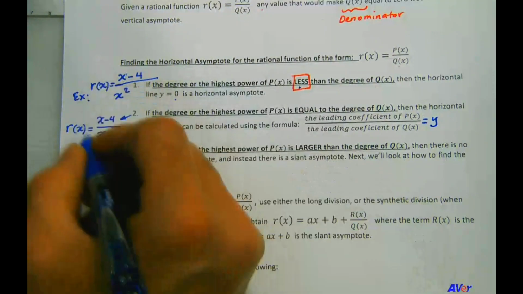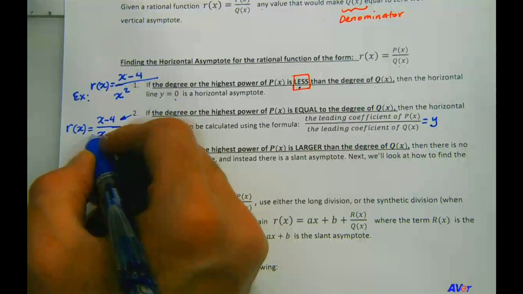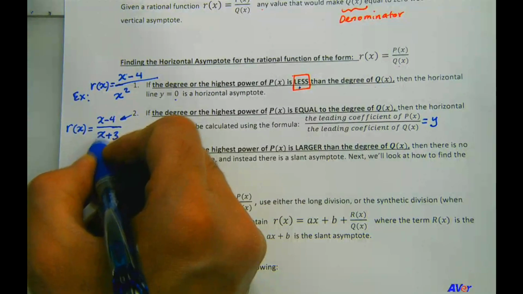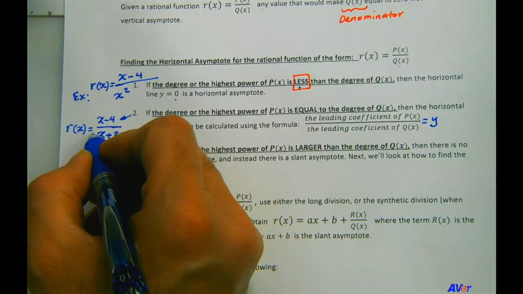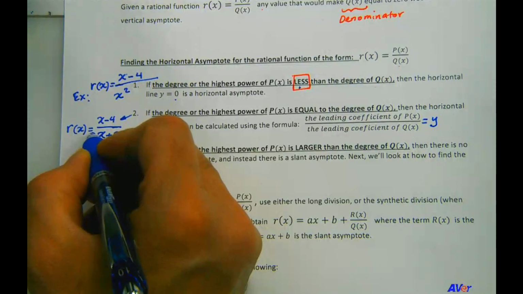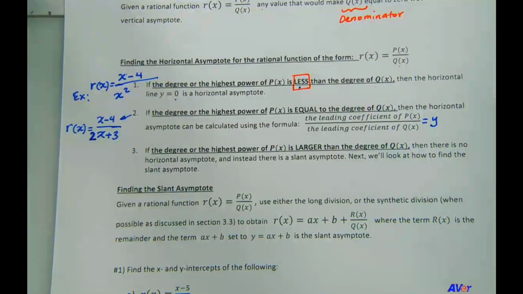We can change this just to make it more interesting. So let me change the coefficient of the x in the denominator to 2x plus 3. Okay? That'll make it even more interesting.